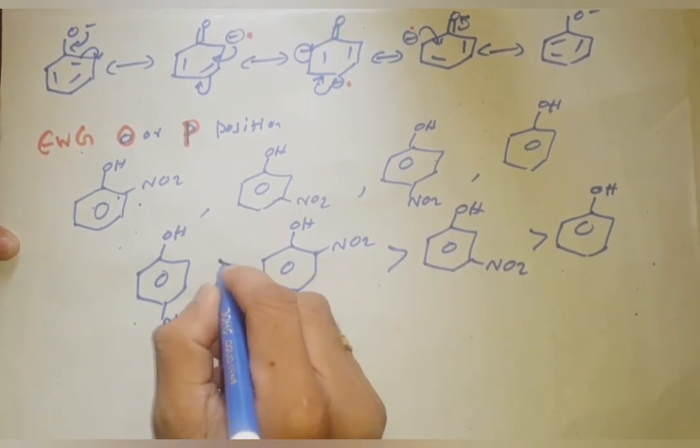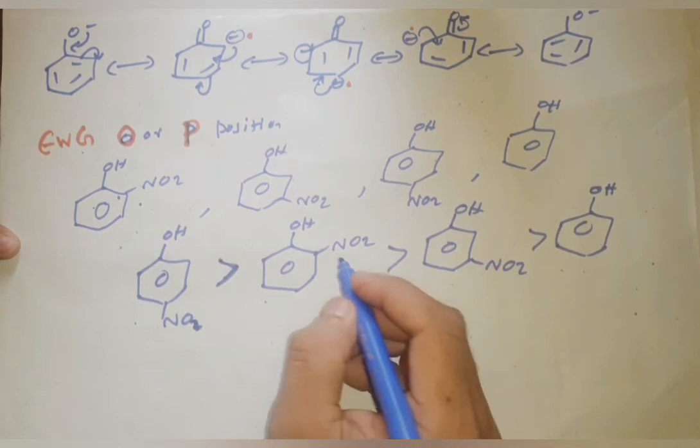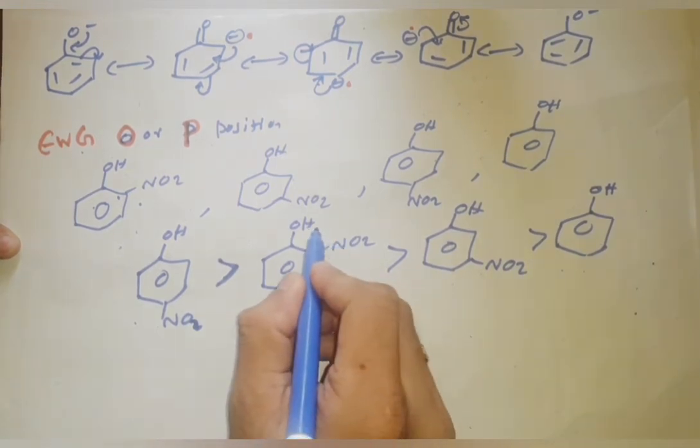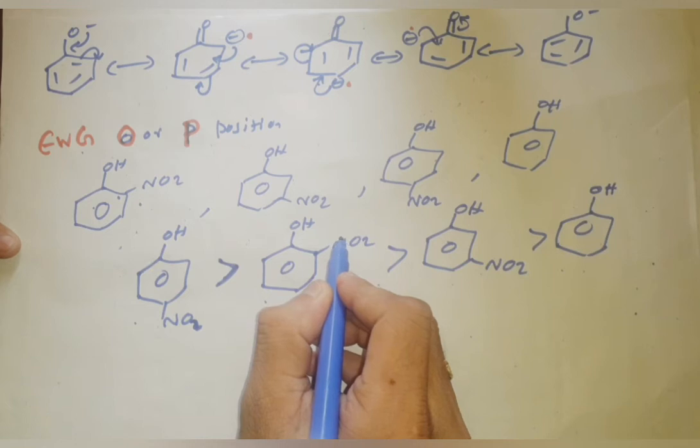Here paranitrophenol is slightly more acidic than orthonitrophenol, because in orthonitrophenol there is a chance for creating a hydrogen bond between the OH and NO2, that is, intramolecular hydrogen bonding.